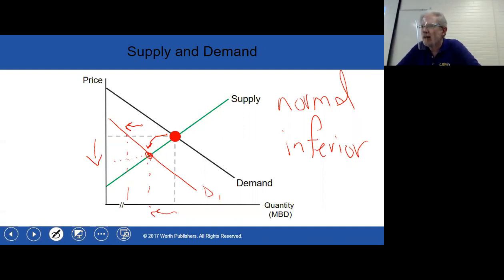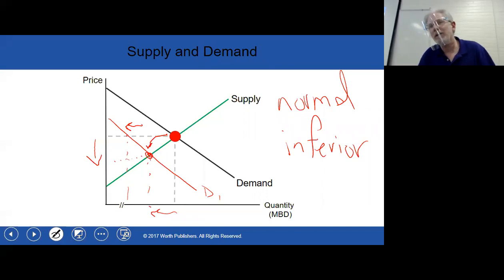What would not fit in the same category? What's something that as your income goes up, you'd actually consume less? Something like ramen noodles. It used to be Spam, but now people always think of ramen noodles that people buy because it's cheap, not because it's the best thing in the world. So for ramen noodles and everything else that is an inferior good, it's relatively low quality.